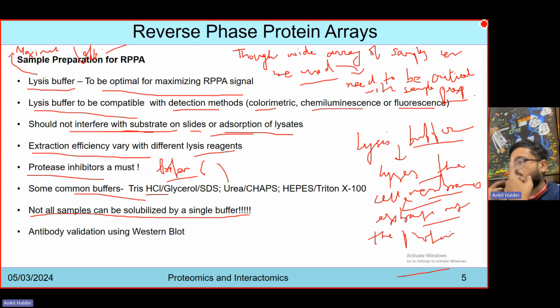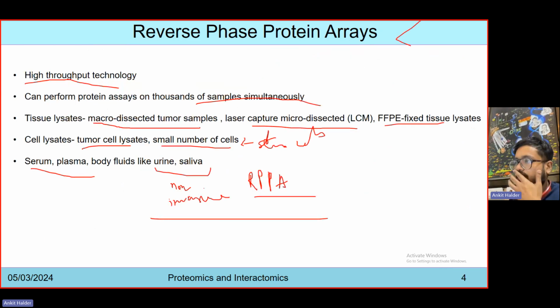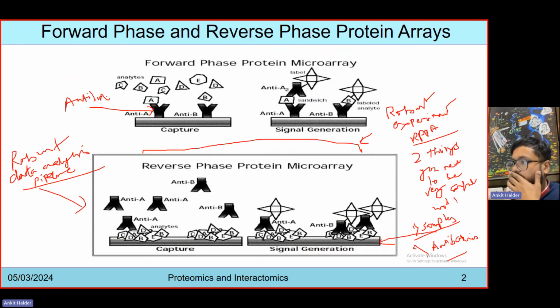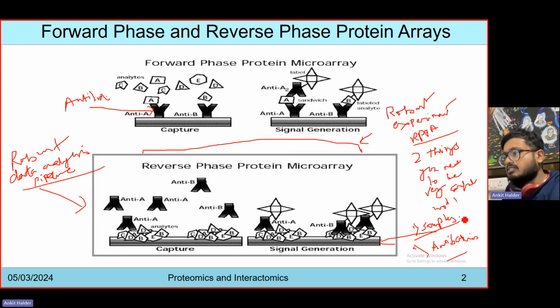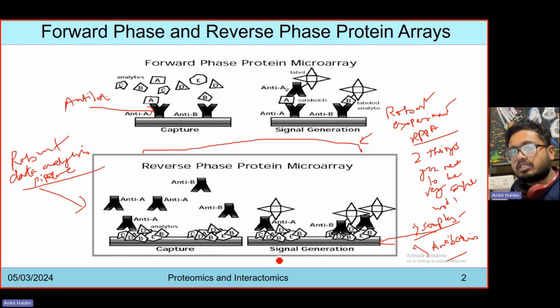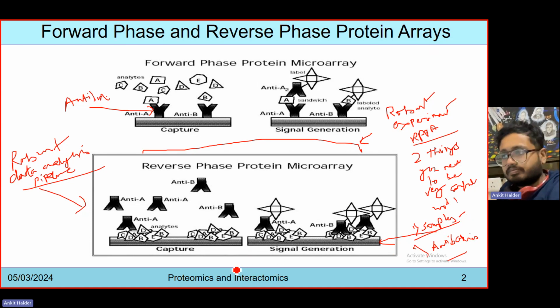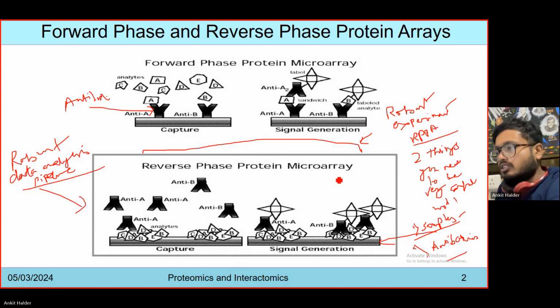Now, one important thing which I had mentioned here, one was the samples. That is most important because you have these membrane slides where you are doing the cell lysis of those samples and printing it. So samples is one thing that is quite important.